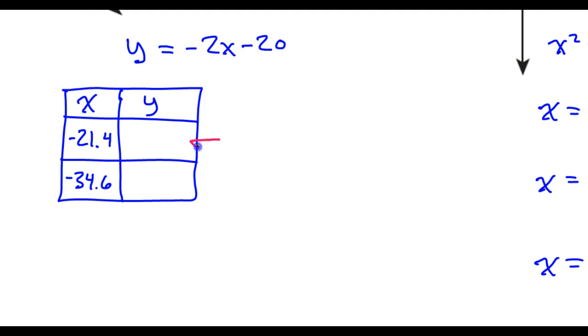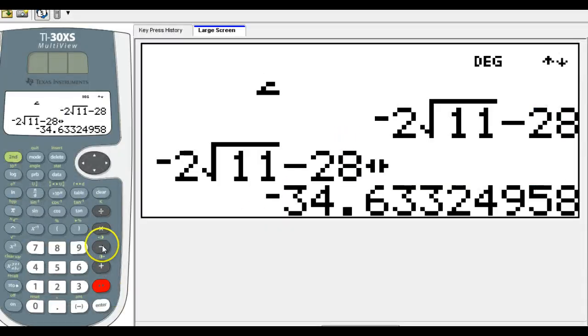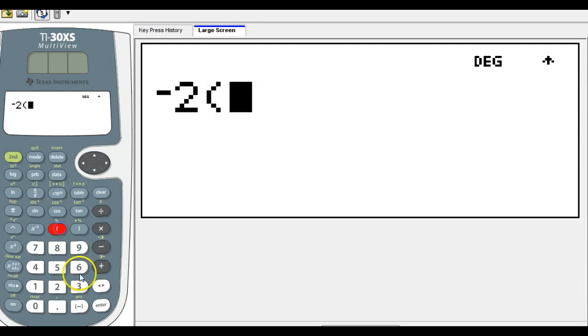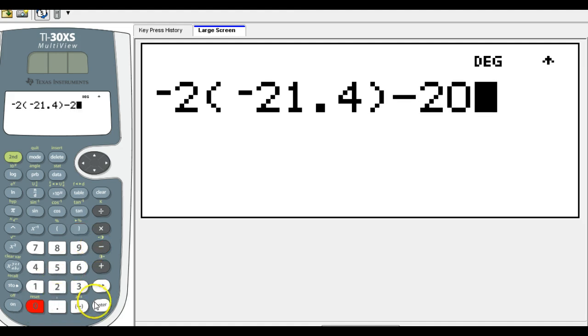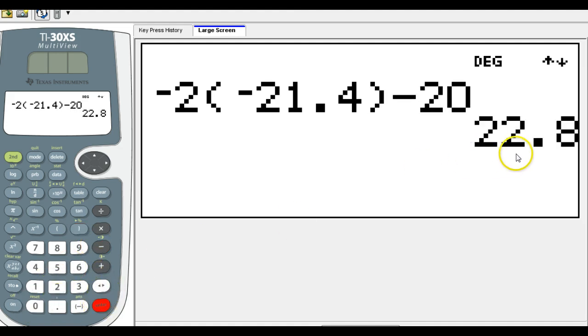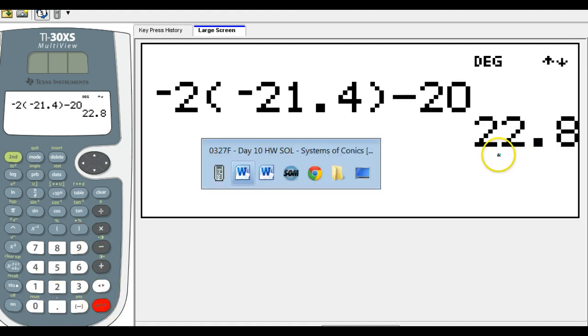If I want this y value, then I will have negative 2 times negative 21.4 minus 20. So that's 22.8.